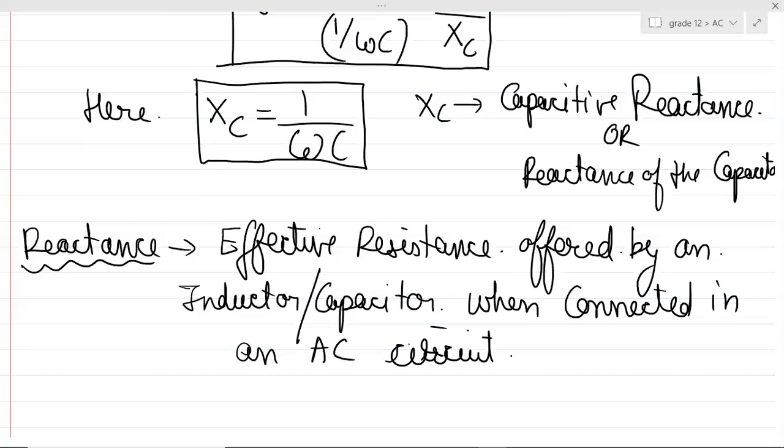Suppose there is a guy in a family who is interested only in spending money. It does not matter whether the money is coming from papa or from mommy. He is only interested in spending that money, roaming here and there, at the malls, on girlfriends, right? So our resistance is like that, but our capacitance and inductance are the elder sons of the house.